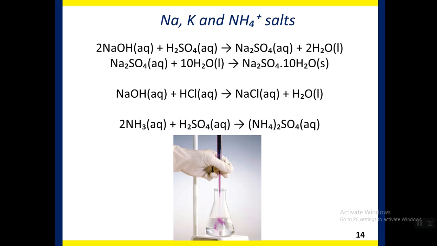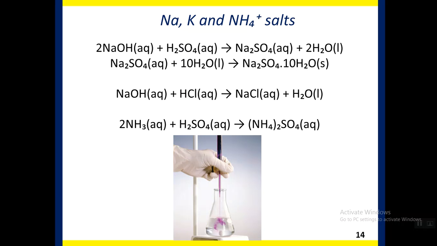So in order to know when you have added just enough of the solid to neutralize the acid, we can use another technique called titration, right? Yes, now we will see the equations. When sodium hydroxide reacts with sulfuric acid, it forms sodium sulfate. And when this sodium sulfate further reacts with water, it forms sodium sulfate·10H2O.